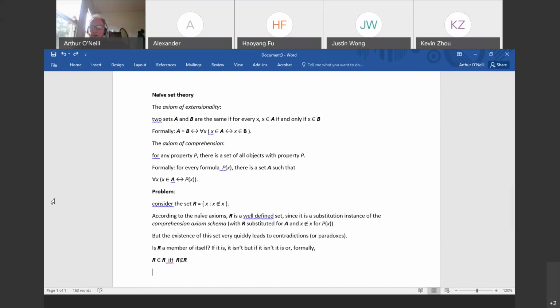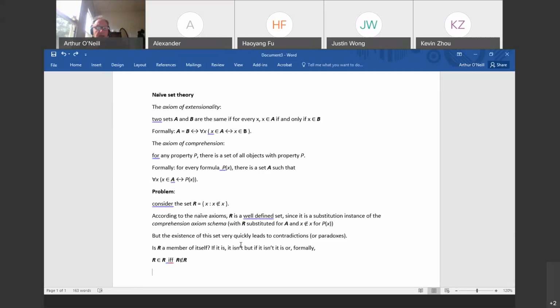It's just what we'd call a substitution instance of that comprehension axiom schema, where you put R for A in the schema, and you put the property X isn't a member of itself in for the property P of the schema.